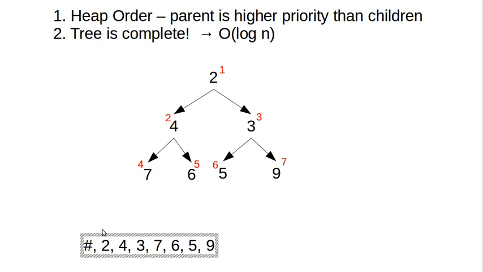And then the other elements are 2, 4, 3, 7, 6, 5, 9, in order going through. And so you'll notice the 2 is at index 1 in the array. There's a default value at the first element. We don't really care what it is.